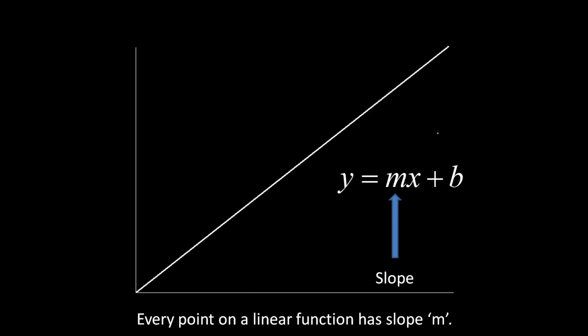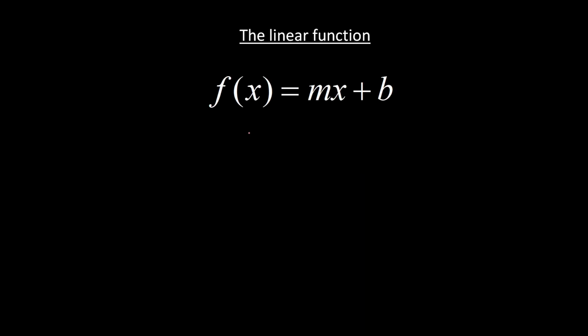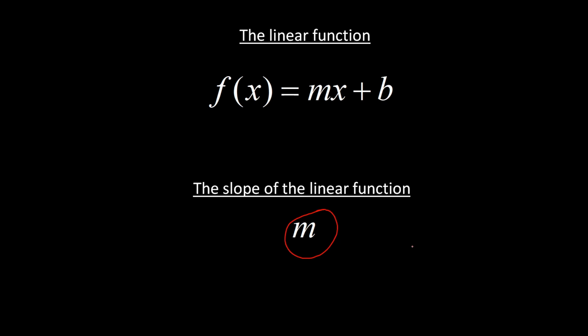And if we put this into our newer notation here, we have the linear function. And in algebra, you probably answered a lot that the slope of this linear function was m. And that's fine. But it's important to remember that this number can also be a function.